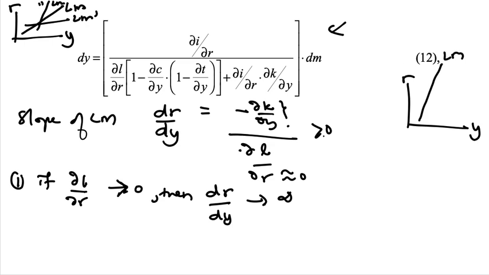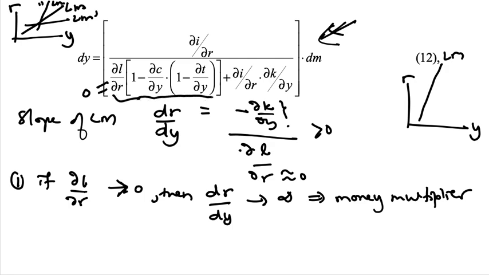Yeah? So we look here, what is the implication on money multiplier here? So money multiplier becomes what? So you look here, delta L over delta R, okay, approaches zero. So the whole thing here approaches zero also, isn't it? Then money multiplier becomes dy.